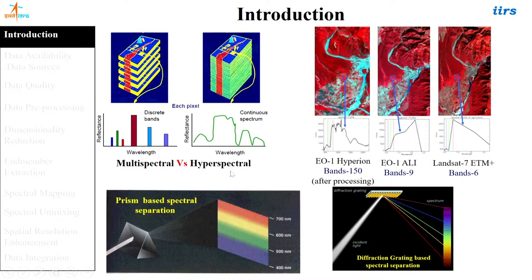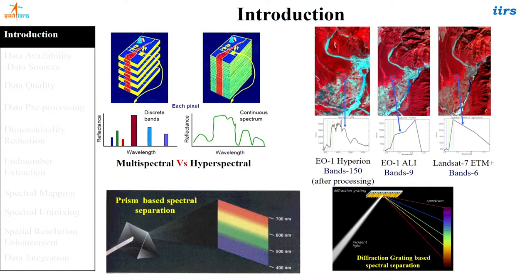Normally we have to think about how we are going to get this many spectral bands during data acquisition. In a multispectral scanner, the detectors for blue, green, red, and near infrared are different. But in this case, for spectral separation, we are using a different kind of technology. Like in school time, you might have done the exercise where you use a prism.